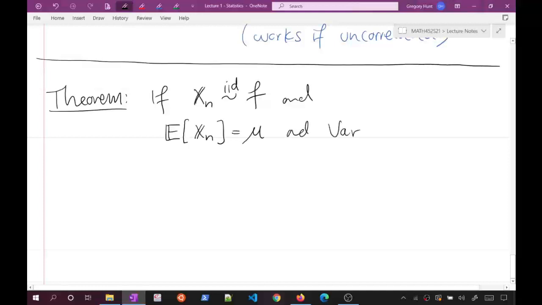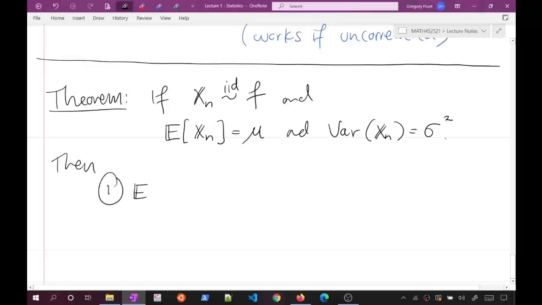And we know something about the variance of any of them: the variance of any of them is sigma squared. They all have the same variance and the same mean because they're identically distributed. The mean is mu and the variance is sigma squared. If we know this, what can we say?